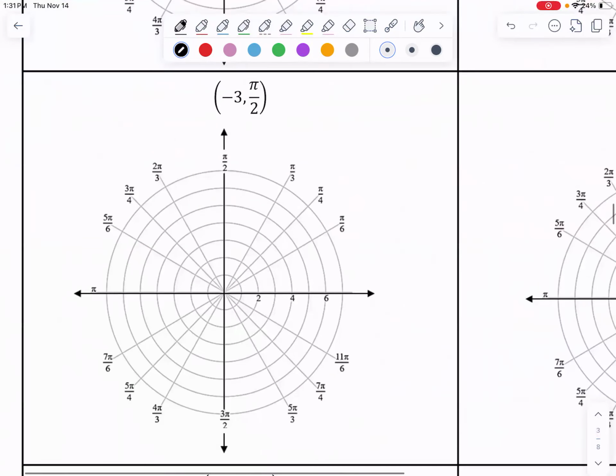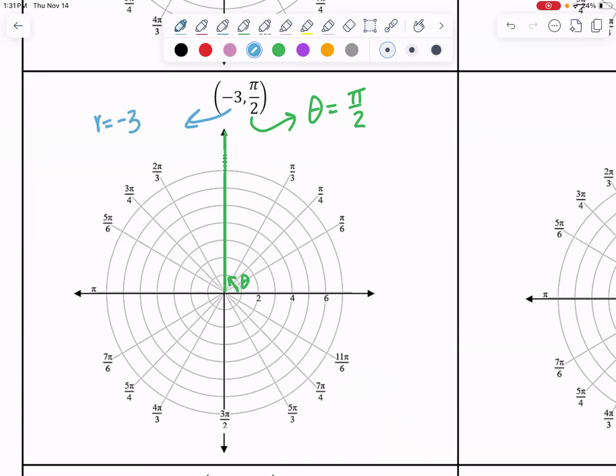All right, we have the angle of pi over 2. Theta is equal to pi over 2. That's this side right here. The R value is negative, which means we are going backwards. This is back 3.